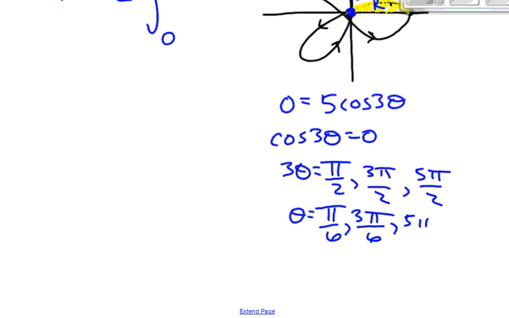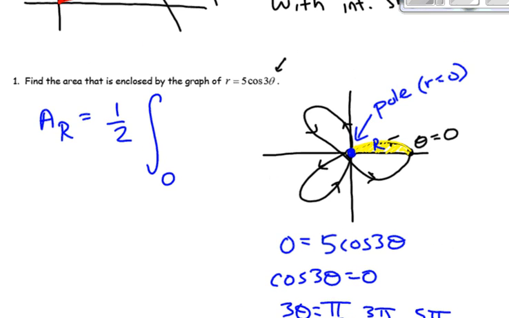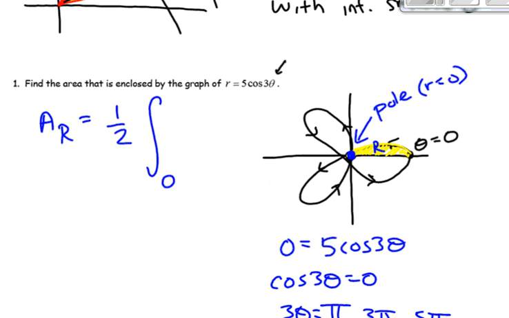When you divide that by 3, you get 5 pi over 6. So those are the 3 values within 0 to 2 pi where that would hit. But we're only concerned with the first one, which is pi over 6. The first time that it goes through the pole is at pi over 6. So that's going to be our B value.